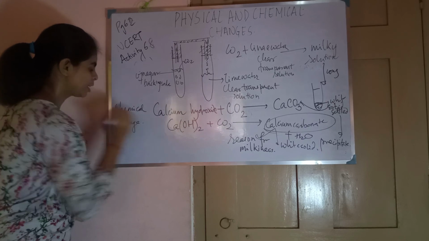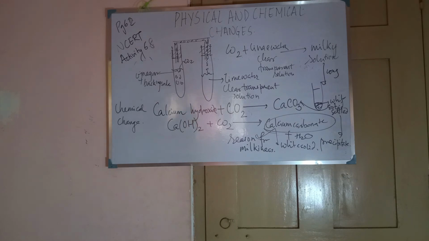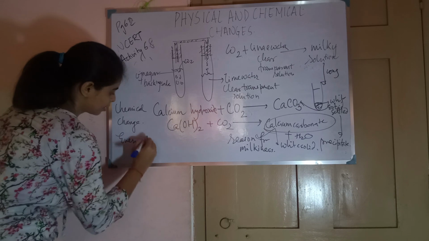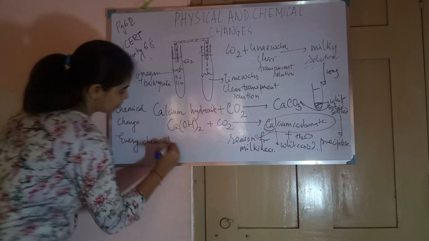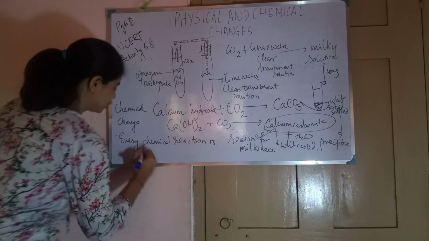So now tell me, what can you conclude after all this reaction that we have learned, after all this activity? We can learn that every chemical reaction is a chemical change.